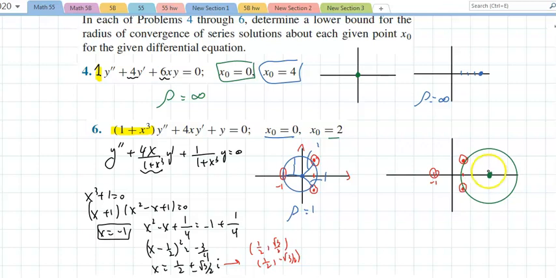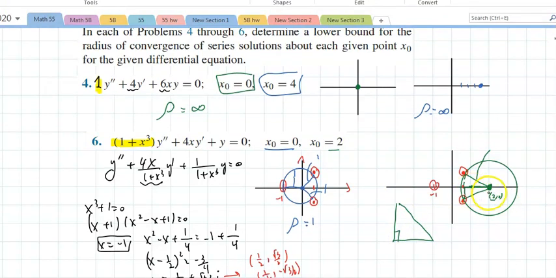Well, that means I need to know what this distance is. This point is 2, 0. So if I figure out those are equidistant, if I figure out what this is, well, let's see. If I go on this triangle and figure out the hypotenuse, right, this is 2. So 2, 1/2 to 2, that makes this 3/2.